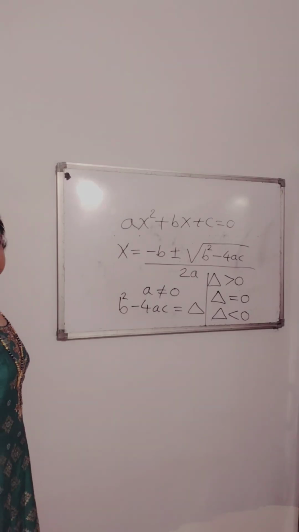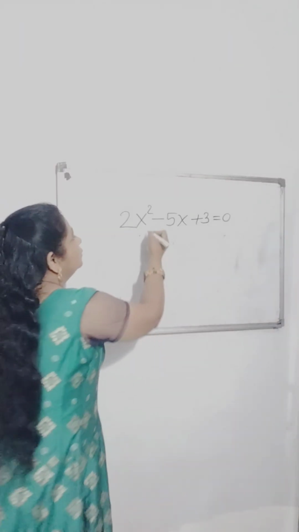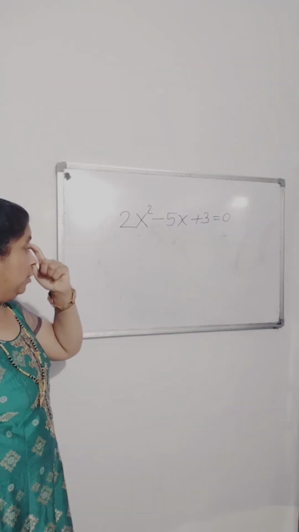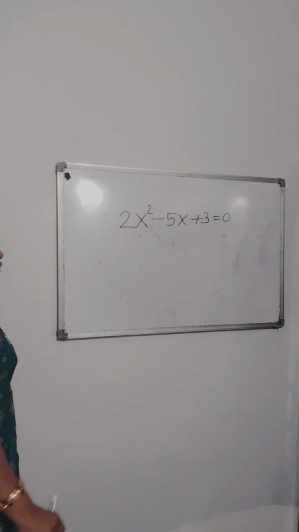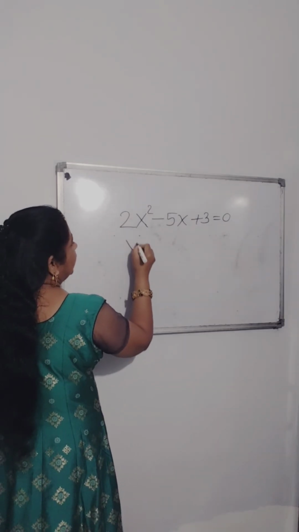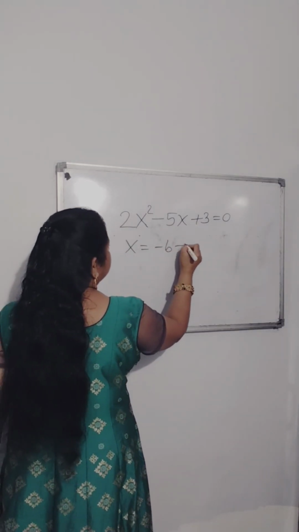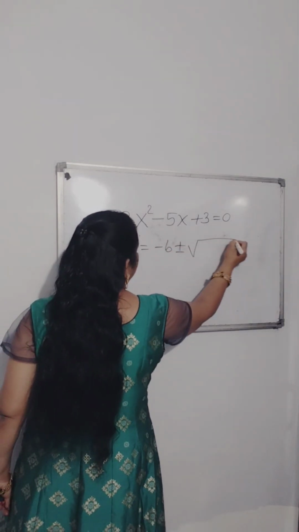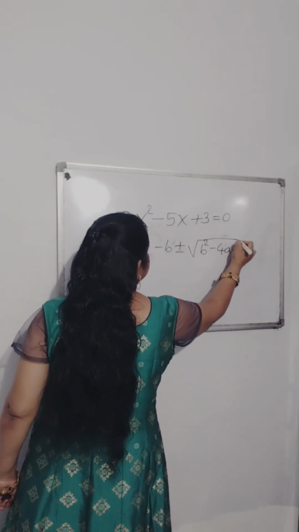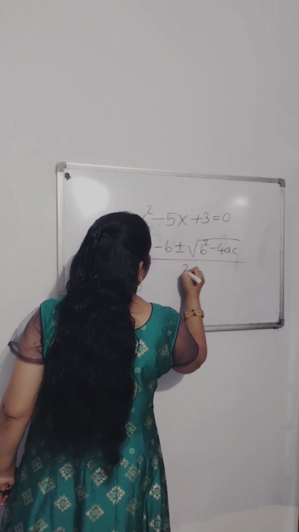So let's see an example: 2x square minus 5x plus 3 is equal to 0. Now we solve this quadratic equation using the quadratic formula. The quadratic formula is x is equal to minus b plus minus under root of b square minus 4ac upon 2a.